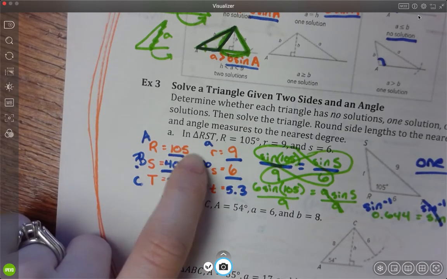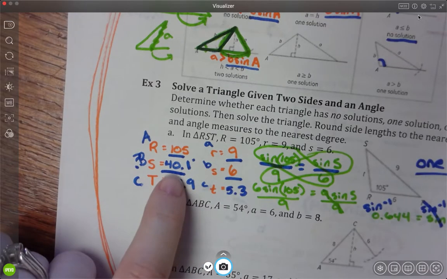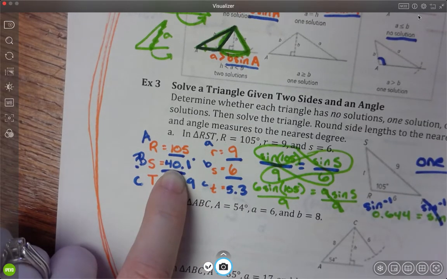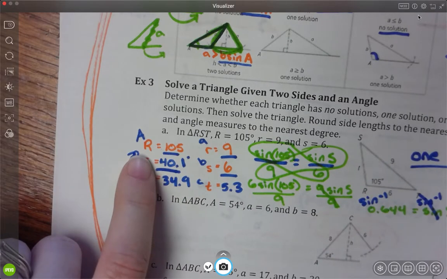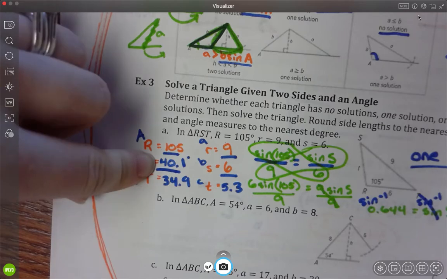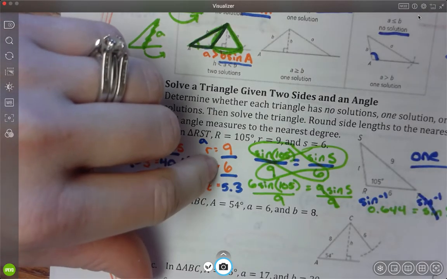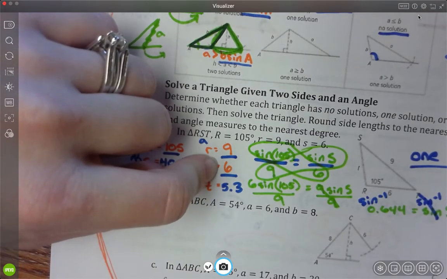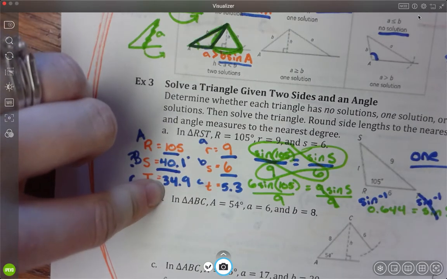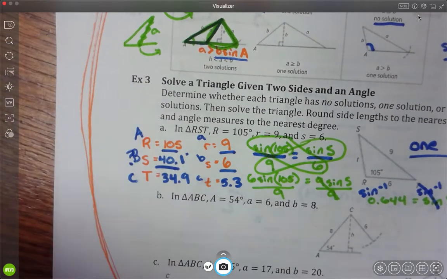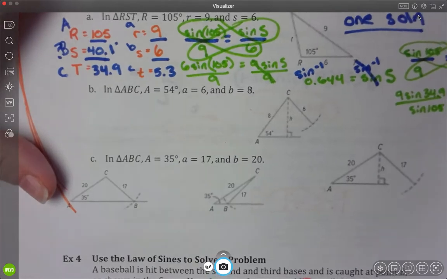So 105 is largest, 9 is the largest side. 40.1 is the middle angle, the angle that's not the biggest and not the smallest, so it should be opposite the medium-sized side, and then your smallest angle should be opposite the smallest side. So check that to make sure that is the case, okay?